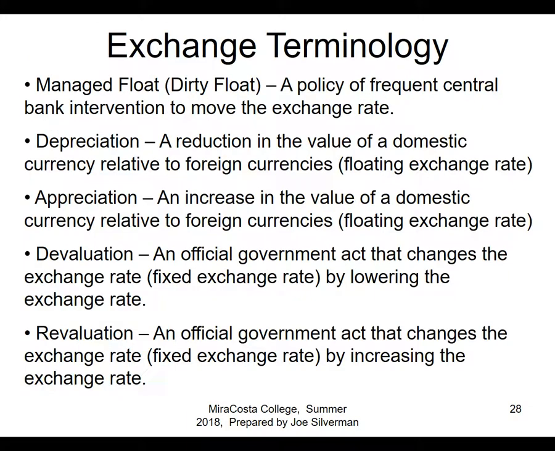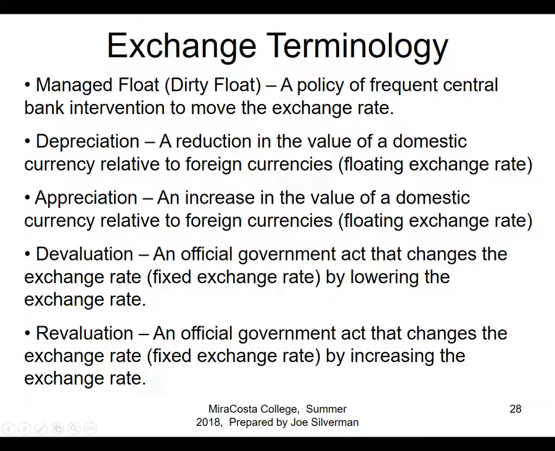All right, so let's talk a little bit about some exchange rate terminology. A managed float or a dirty float is when a country engages in somewhat frequent intervention in a currency's exchange rate, in a market where it's normally a floating exchange rate. So it's mostly floating, but maybe every once in a while they'll come in and they'll buy or sell their own currency to maintain a certain value.